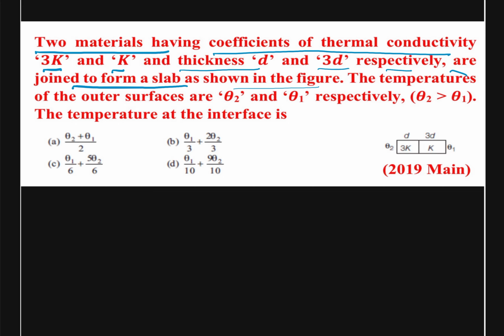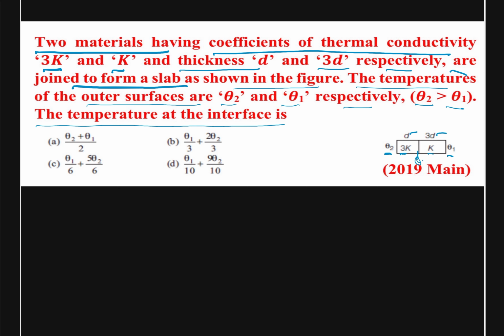The temperatures of the outer surfaces are theta 2 and theta 1 respectively, where theta 2 is greater than theta 1. The temperature at the interface is. Basic figure is given to us. We have the thermal conductivity as 3K and K. Their thickness is D and 3D. Outer temperature is theta 2 and theta 1. So we have to find out the temperature of their junction. Let us suppose that is our theta.